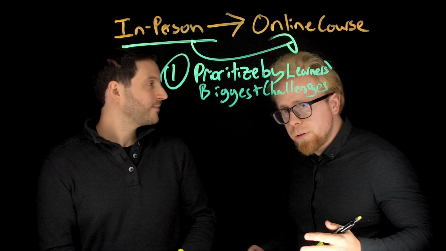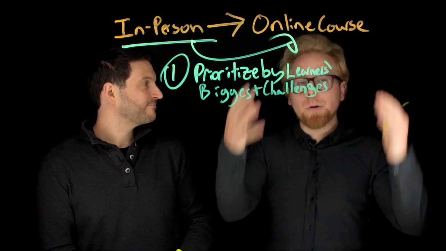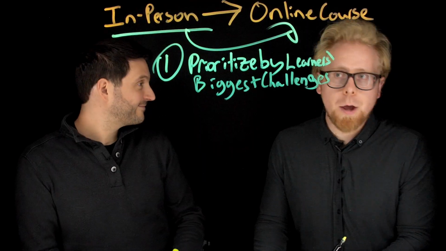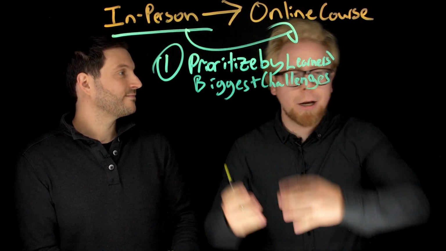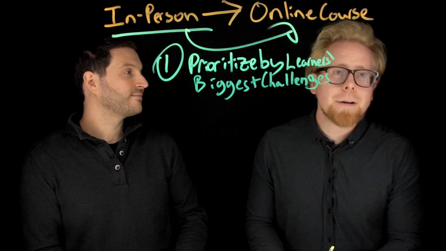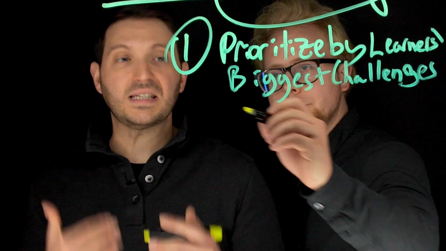We don't want to lose that when we move it to online courses. However, when we actually build out the online course, we want to start by focusing on the biggest challenges that you're answering for the learners, because we really want to cut to the value. Which moves to the second thing.